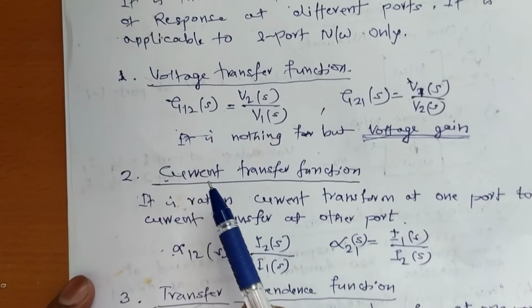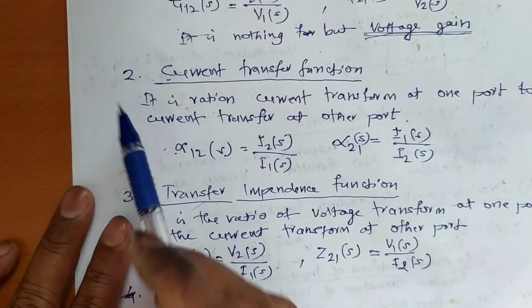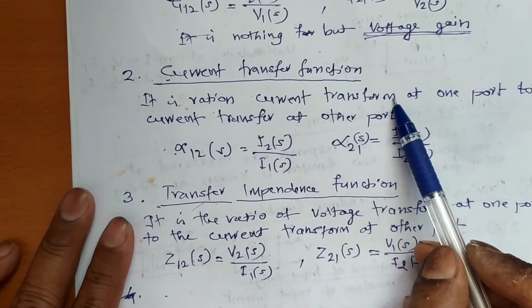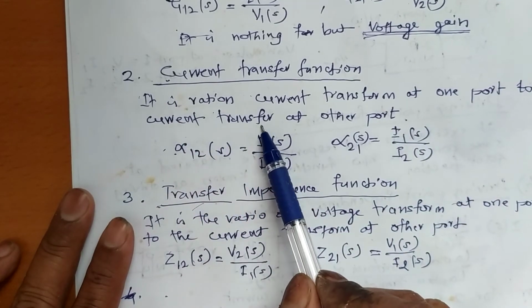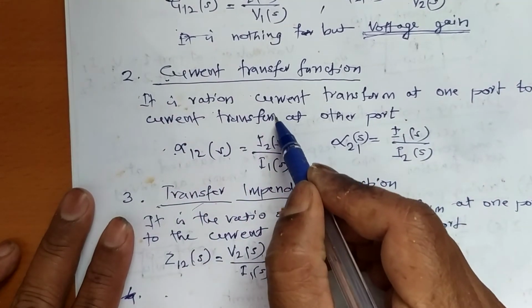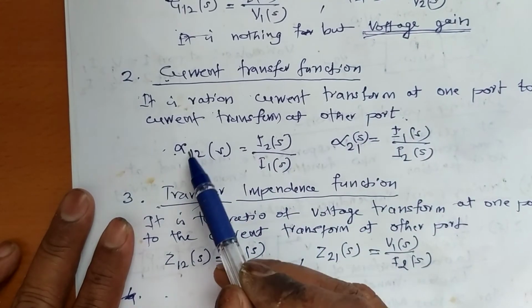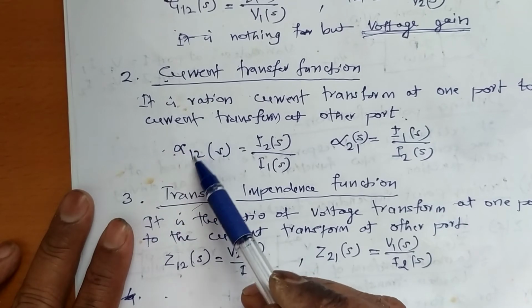Coming to the current transfer function, the second type, it is the ratio of the Laplace transform of current at one port to the current transform at the other port. If it is a current ratio, it is denoted by alpha 1 2.